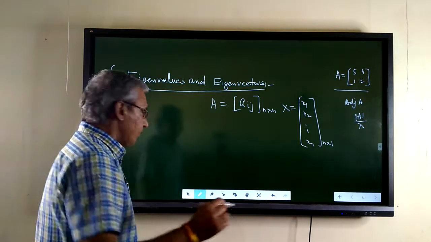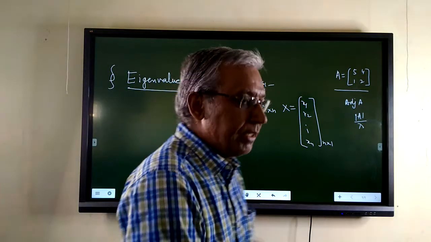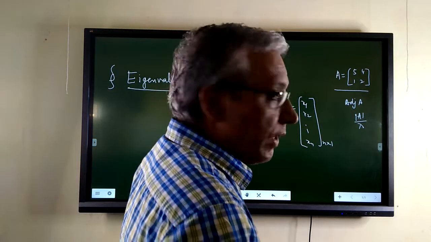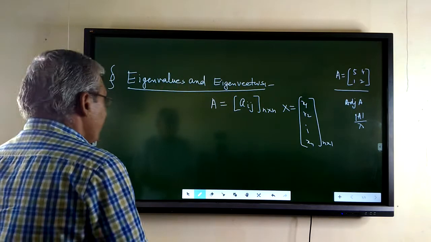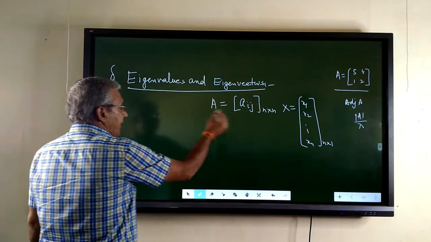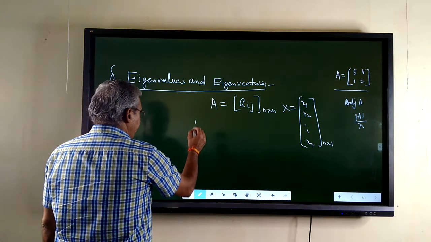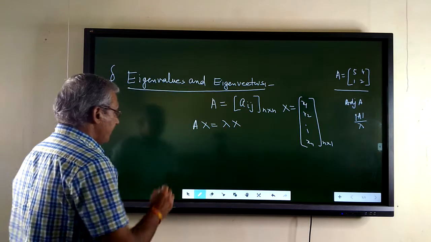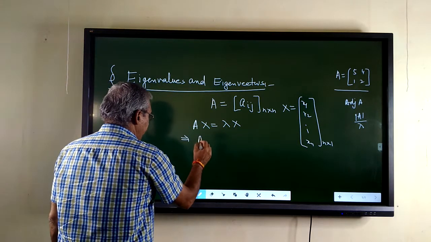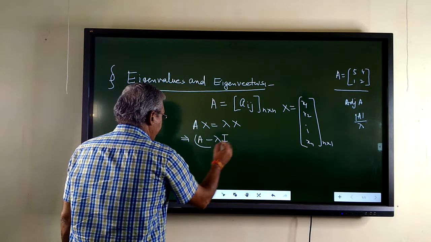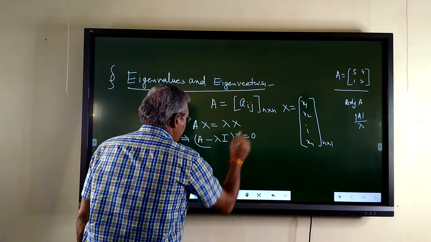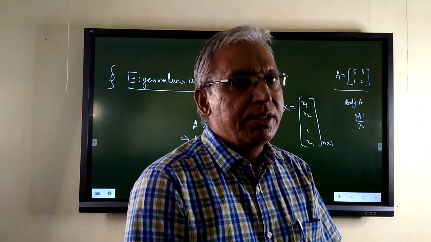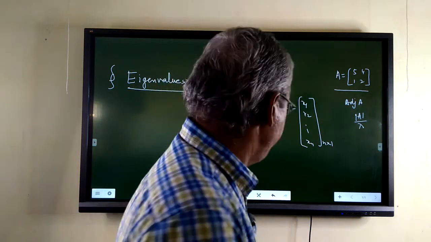So first of all we write the characteristic equation of the given square matrix A. To write the characteristic equation, we write in this form: A x equals lambda x. This can be written as (A minus lambda I) x equals 0, where I is a unit matrix of order n by n.